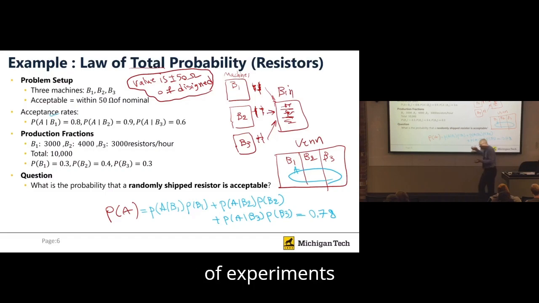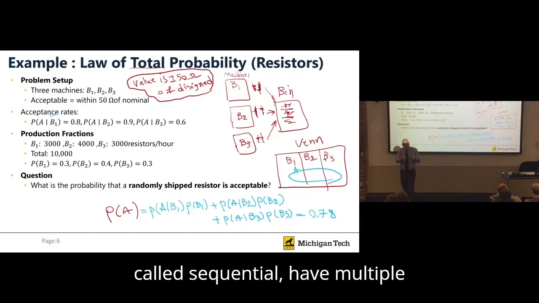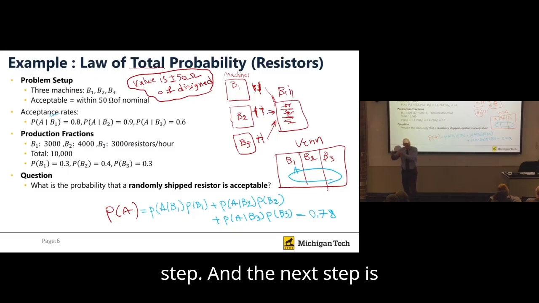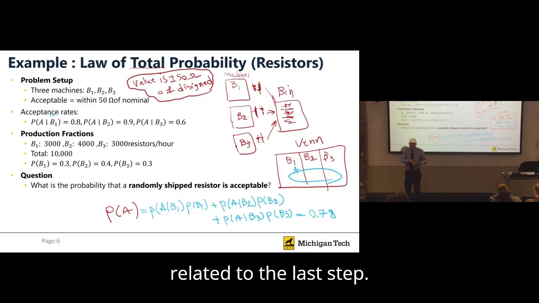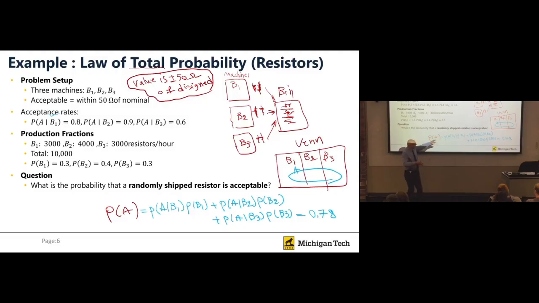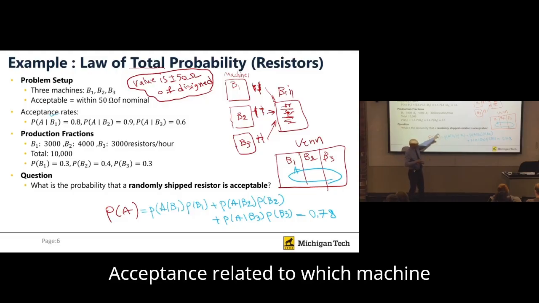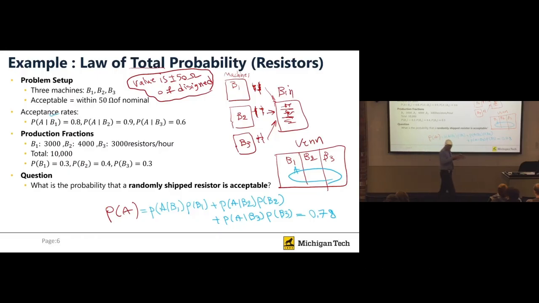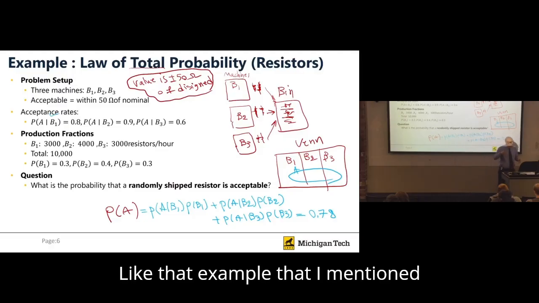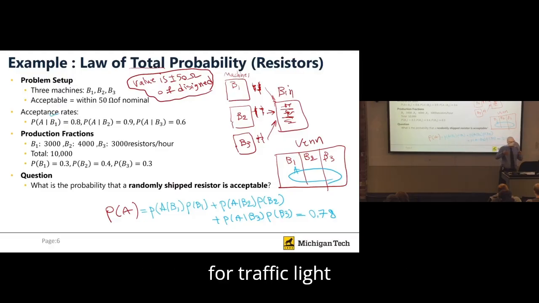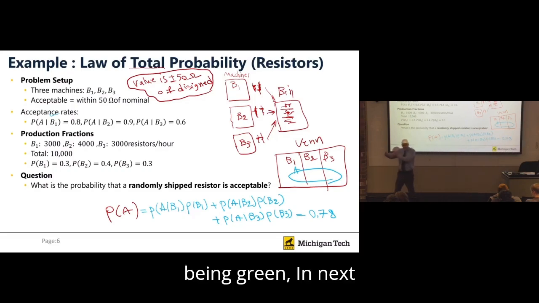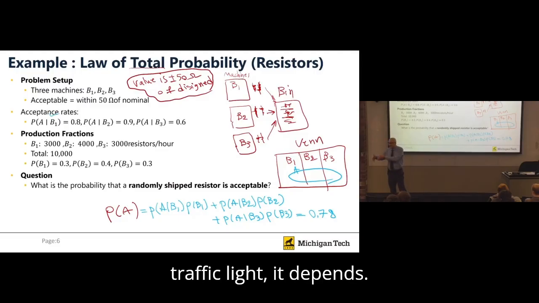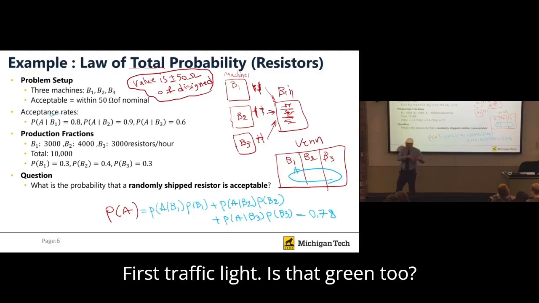This kind of experiment is called sequential, having multiple steps, and the next step is related to the last step. Acceptance is related to which machine makes that. That's why it's related. Like the example I mentioned for traffic lights: whether the next traffic light is green depends on the first traffic light.